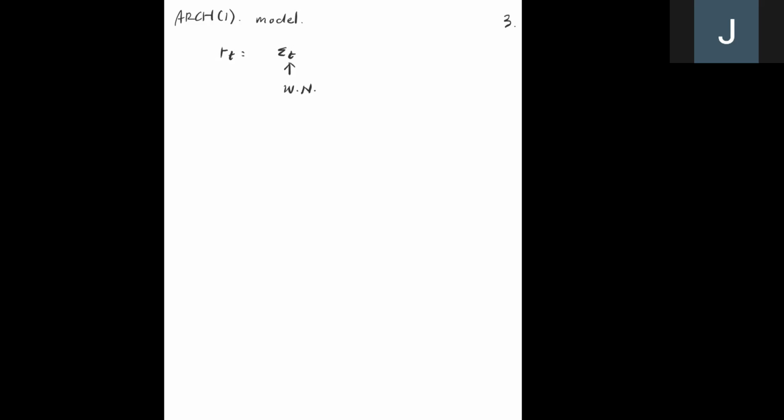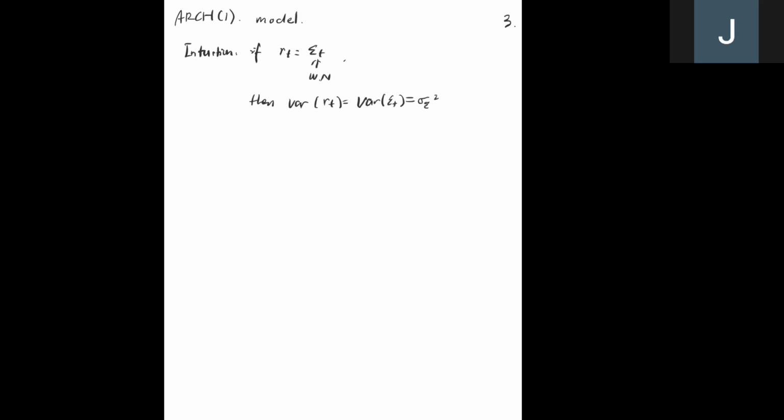So how can we fix this? Let me write it this way. Intuition: if our R_t is just equal to epsilon t, a white noise, then the variance of R_t, which is equal to the variance of epsilon t, is sigma epsilon squared.